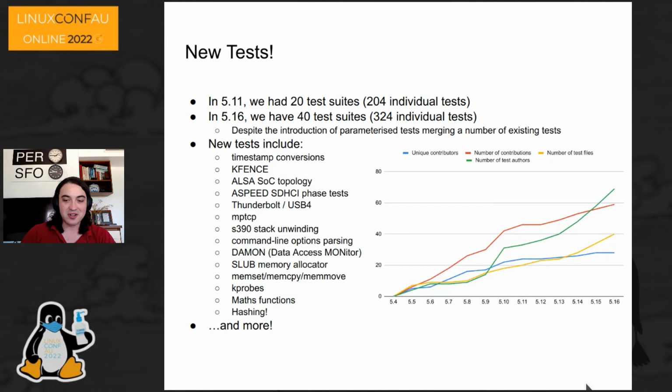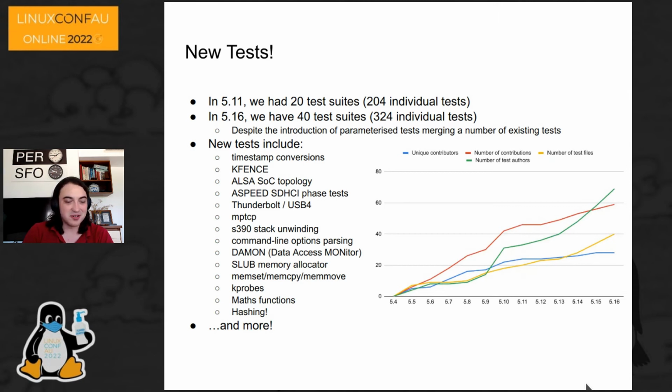And in order to introduce that to the kernel, they used test-driven development by writing KUnit tests for the existing naive implementation of the conversion, then implemented their new algorithm, and then checked that the test still passed. And that's really neat. They've done that for both regular timestamp conversions and RTC clock conversions.